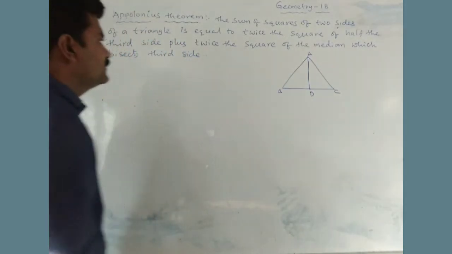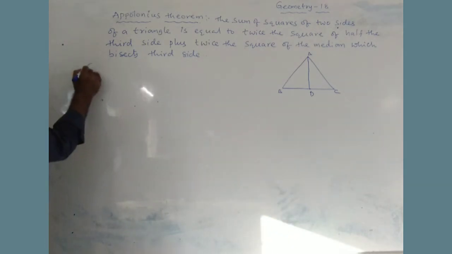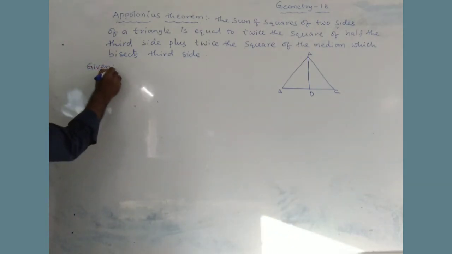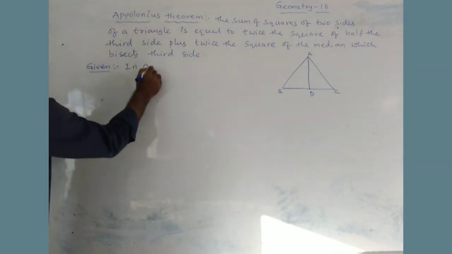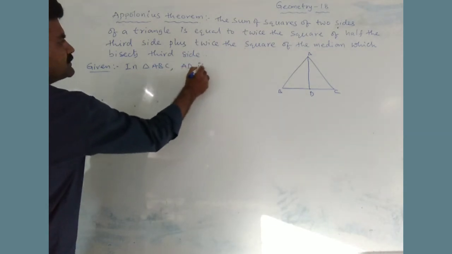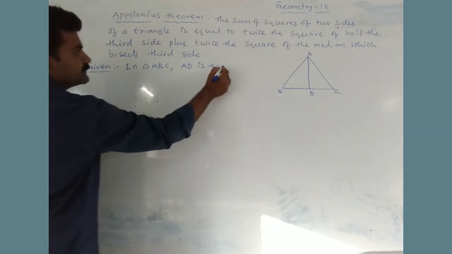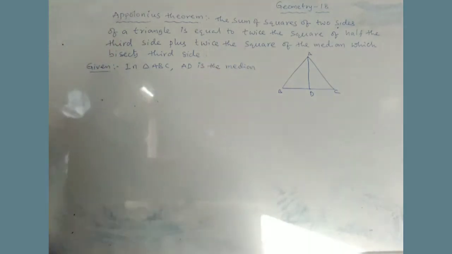So write down, first of all, what is given? Given that in triangle ABC, AD is the median.